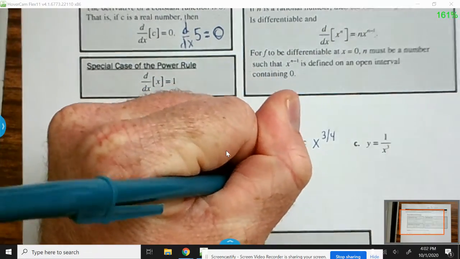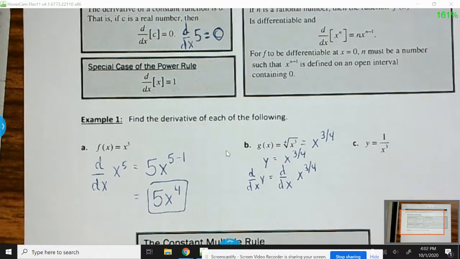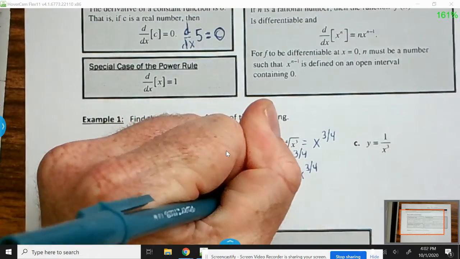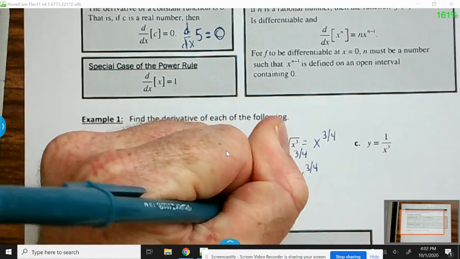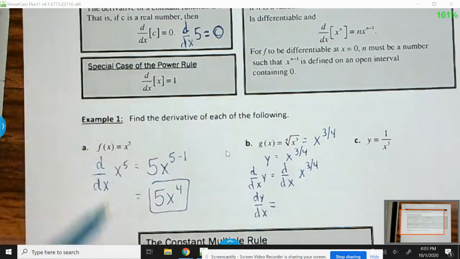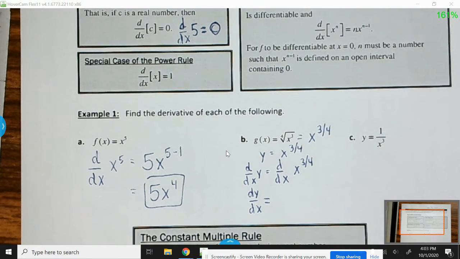What's the derivative of that? What's the derivative of this? Okay. Now, the derivative with respect to x of y, I'm just going to combine as dy dx. It's the change in y versus the change in x. And that equals the derivative with respect to x of x to the 3/4, right?